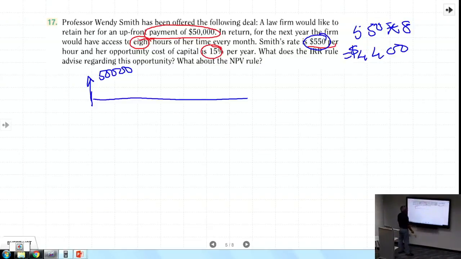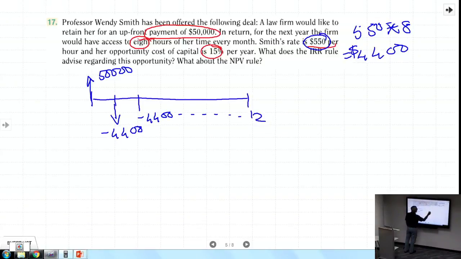That is the billable hours that she's billing. So for the upfront payment, she is essentially providing $4,400 of work every month. So that will be negative 4,400, negative 4,400, all the way for the next 12 months.